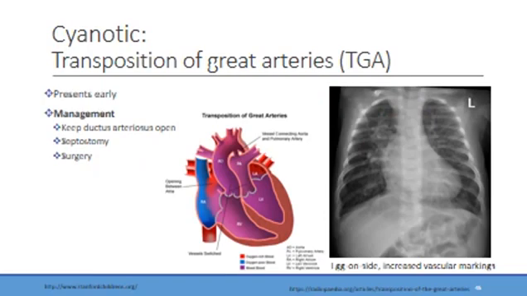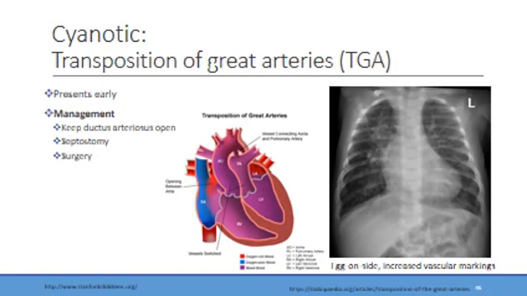Transposition of the great arteries is the commonest heart defect that presents with cyanosis in the newborn, where the aorta arises from the right ventricle and the pulmonary artery from the left ventricle, and in this case there are then two different circulations that depend on mixing of the blood at a different level, such as an ASD, VSD or a PDA.